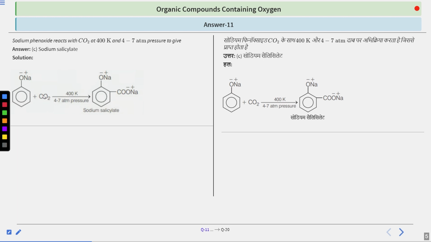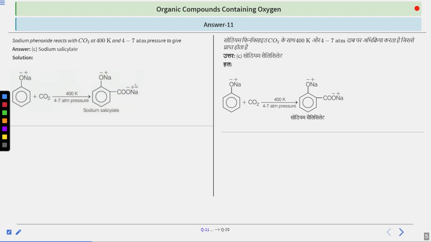The CO2 reacts with the benzene and resonance happens, so the negative charge will stabilize here. Then the active site will be at the ortho position. So the COO will attach at the ortho position and we will get our sodium salicylate, which is benzene with O negative Na positive at one position and COO negative Na positive at the ortho position.